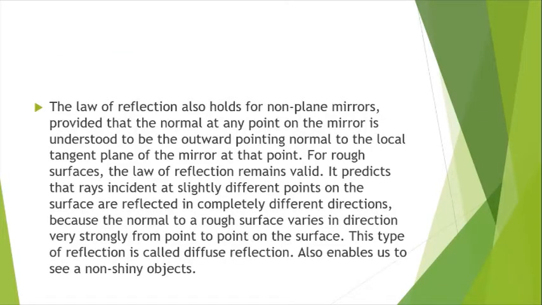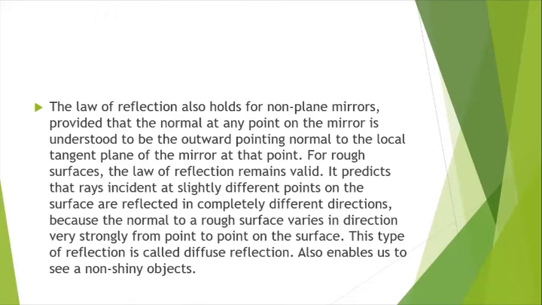Okay, now we'll discuss the law of reflection. The law of reflection also holds for non-plane mirrors, provided that the normal at any point on the mirror is understood to be the outward pointing normal to the local tangent plane of the mirror at that point. For example, for rough surfaces, the law of reflection remains valid.